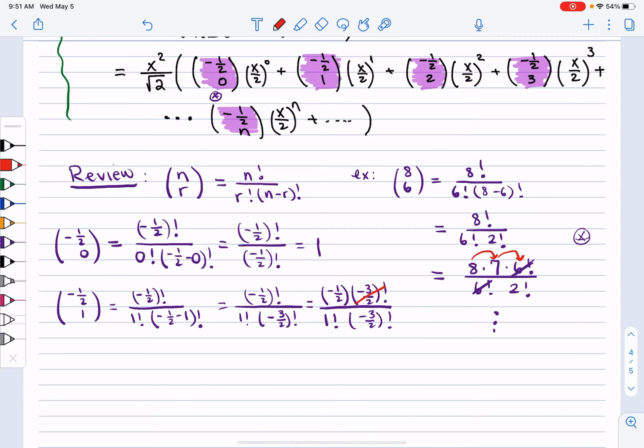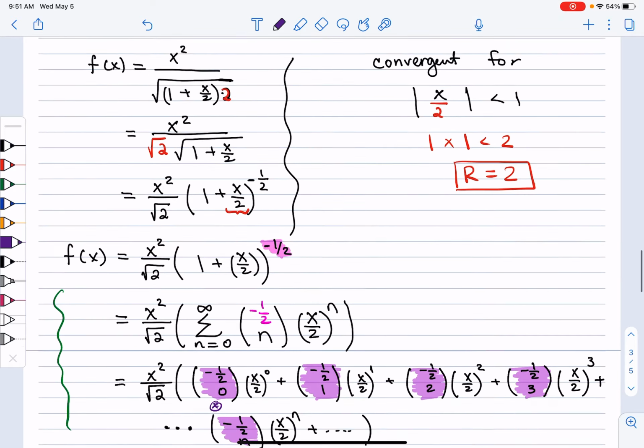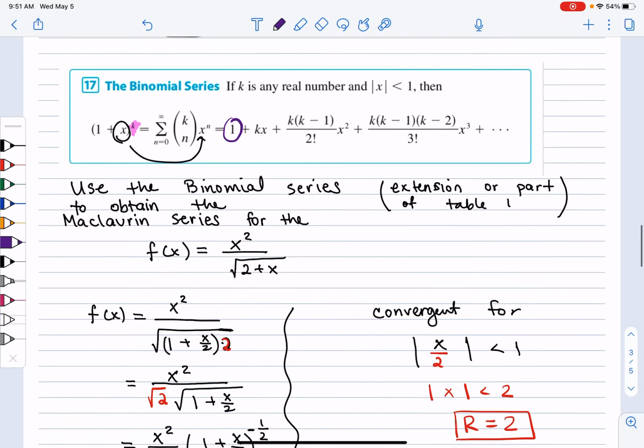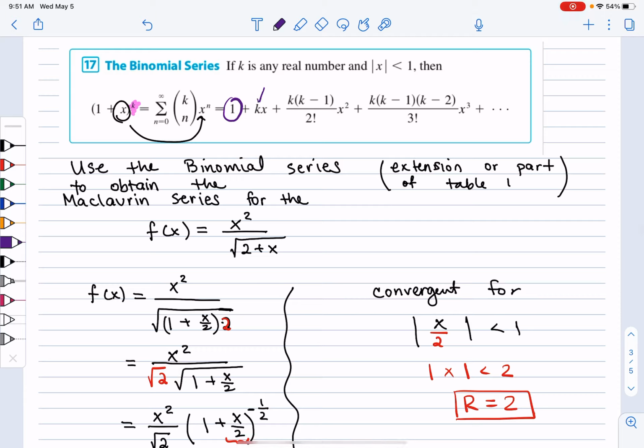And we know that these will simplify. So you are left with negative 1/2 over 1 factorial, which is really equal to negative 1/2. This is for the second term, and again, it makes sense. Negative 1/2 is just k for our problem.